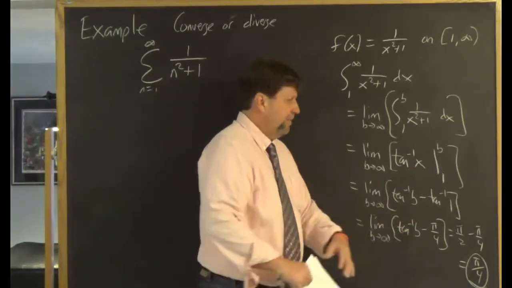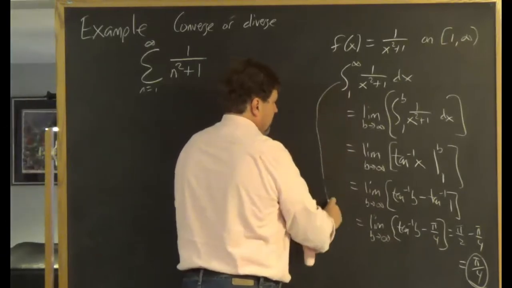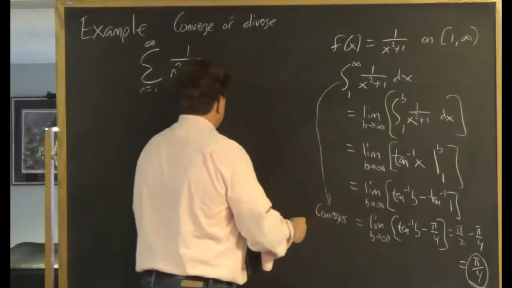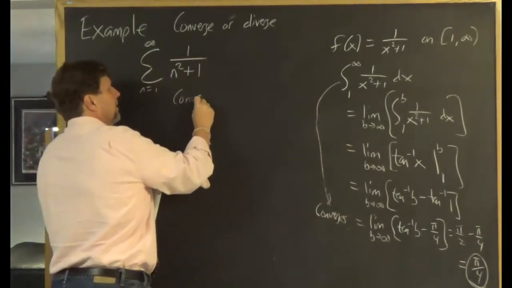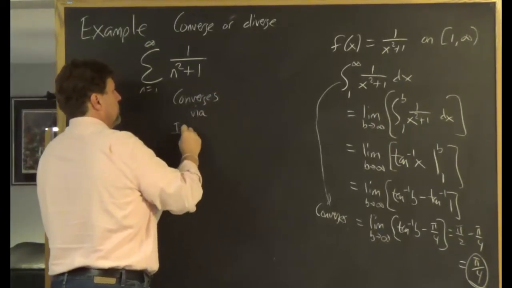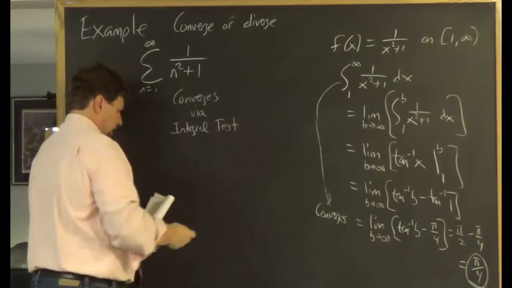Because it has a value of pi over 4, that tells us that the improper integral converges, which tells us this series converges thanks to the integral test.